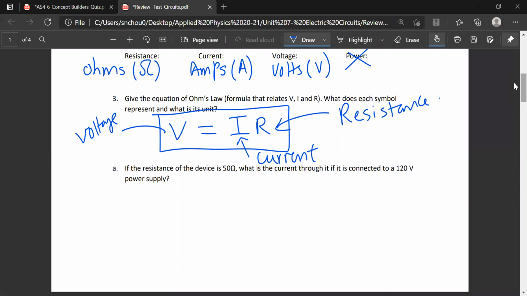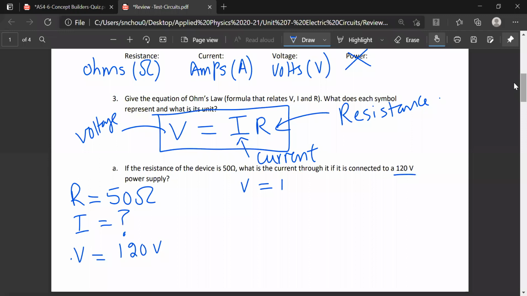So if you show me that you understand that the resistance in this circuit is 50 ohms, and that you're looking for current because it says, what is the current? So I equals question mark, and then that there's a 120 volt power supply. So the voltage in the circuit is 120. Then write down the formula you're going to use. Again, don't just scribble a bunch of numbers because I won't know how much you know.